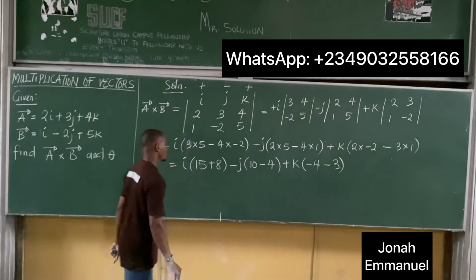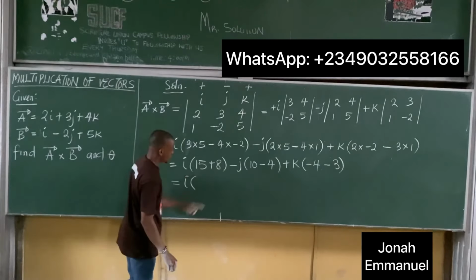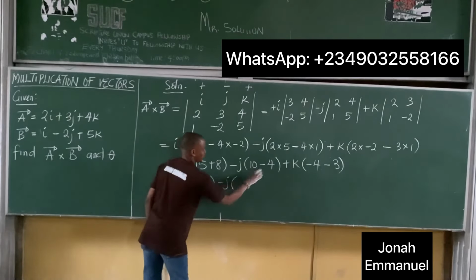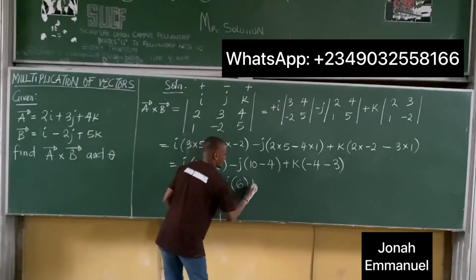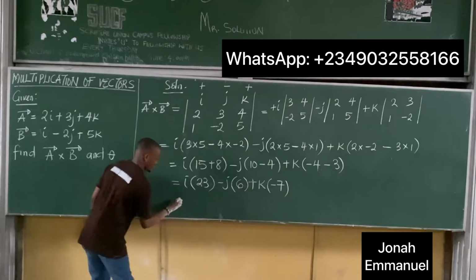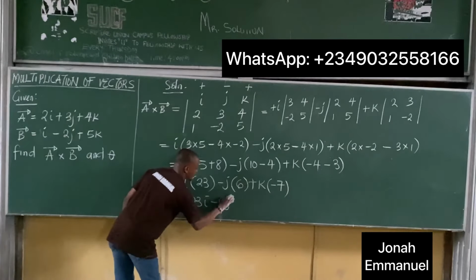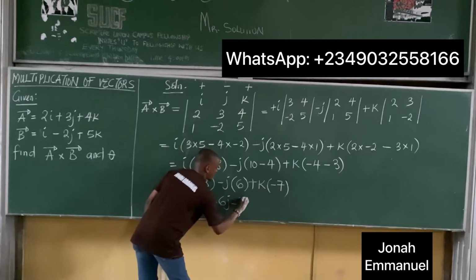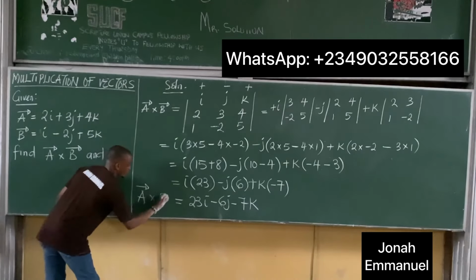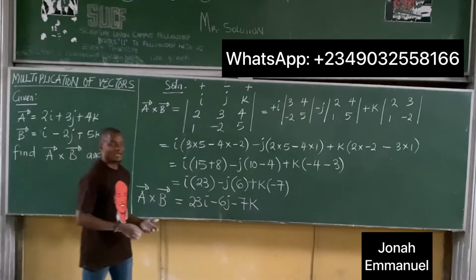So this is now equal to i into, if I add these two, 23, minus j into 10 minus 4 is 6, plus k into minus 4 minus 3 is minus 7. This is equal to 23i minus 6j minus 7k. So this becomes the value of their cross product. So A cross B is equal to 23i minus 6j minus 7k.